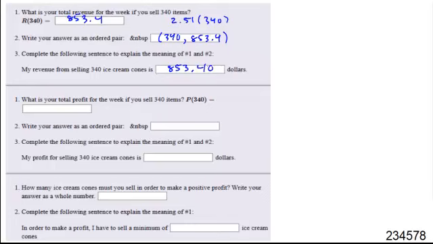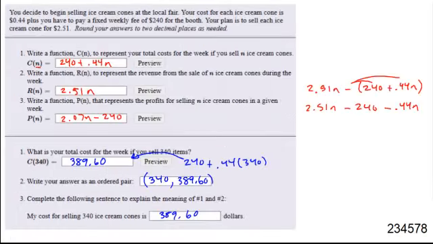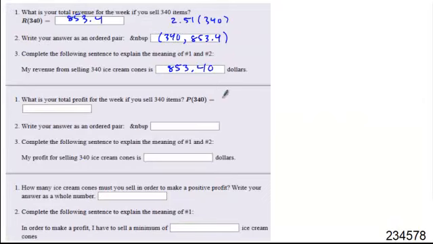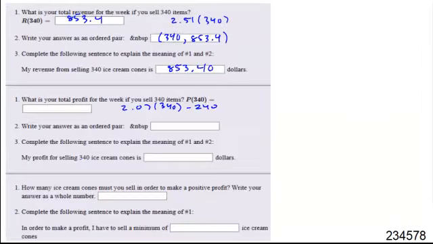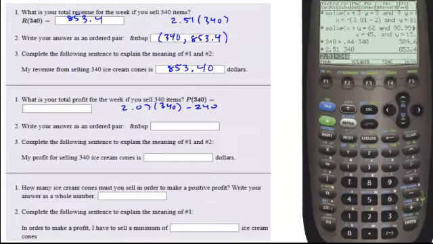So then my total profit for the week is going to be, again, you can do it a couple different ways. But if you take this equation, 2.07 times 340 minus 240. Okay, I can do my calculation here.